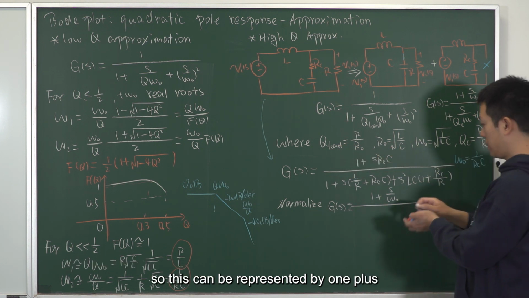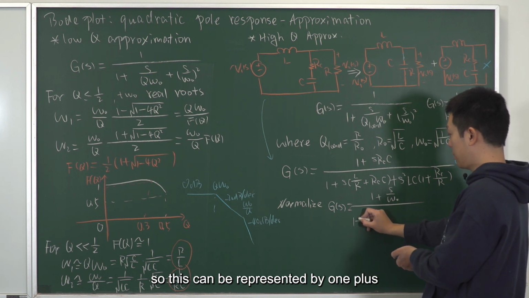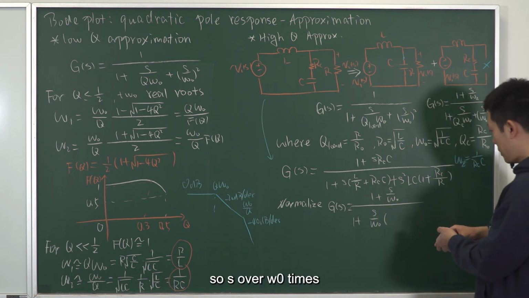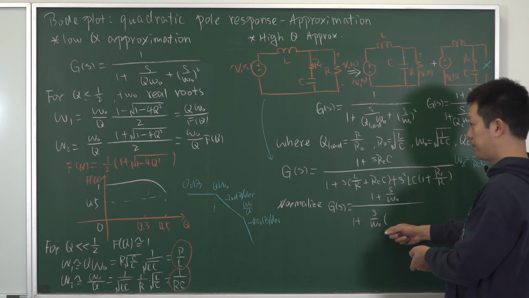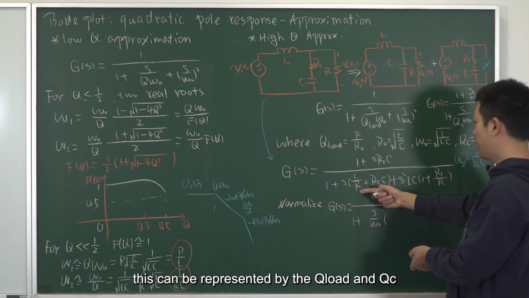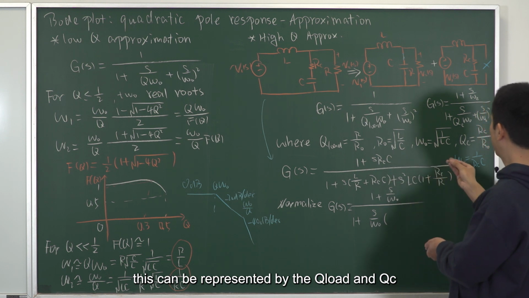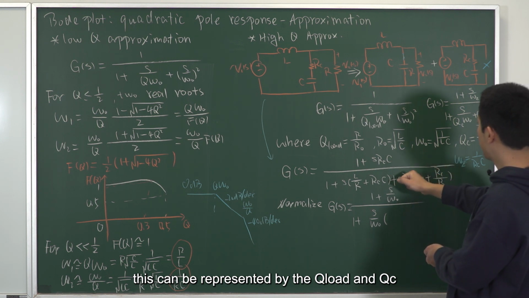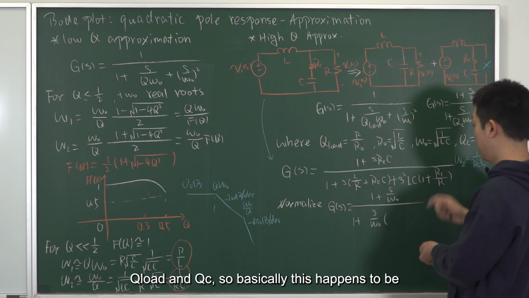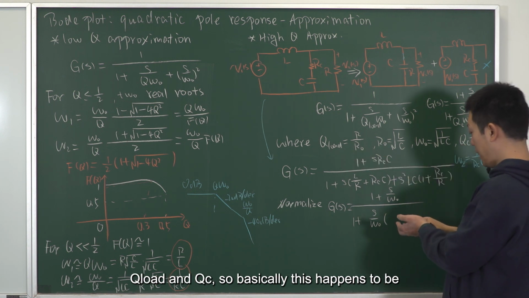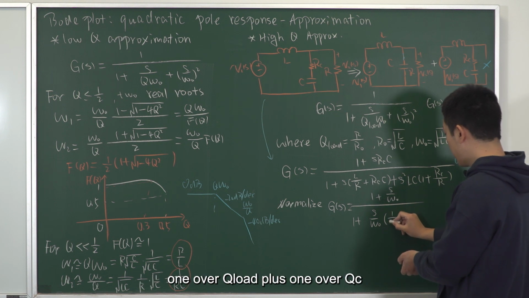So this can be represented by 1 plus s over omega 0 times something represented by Q load and QC. Basically this happens to be 1 over Q load plus 1 over QC.